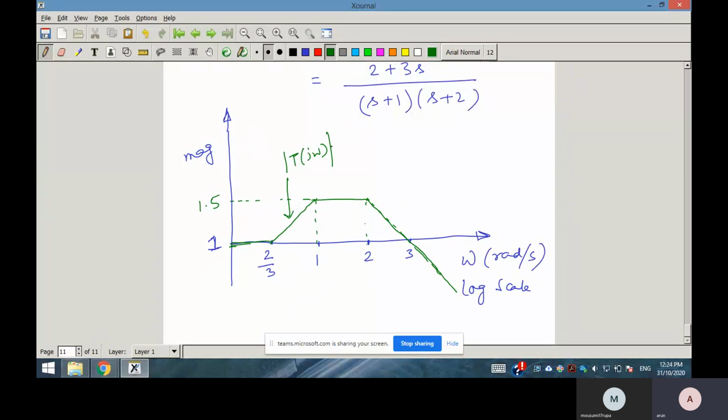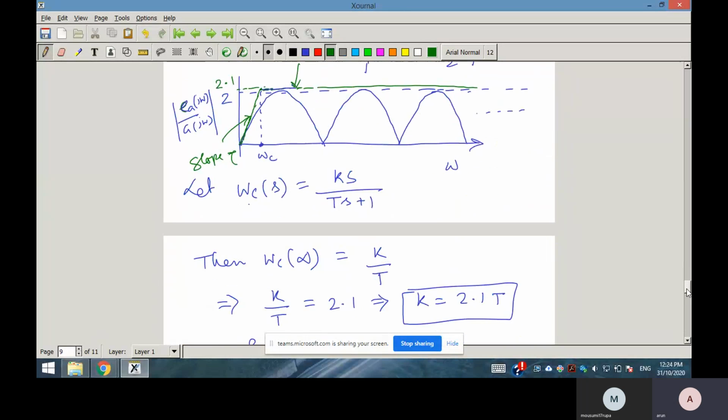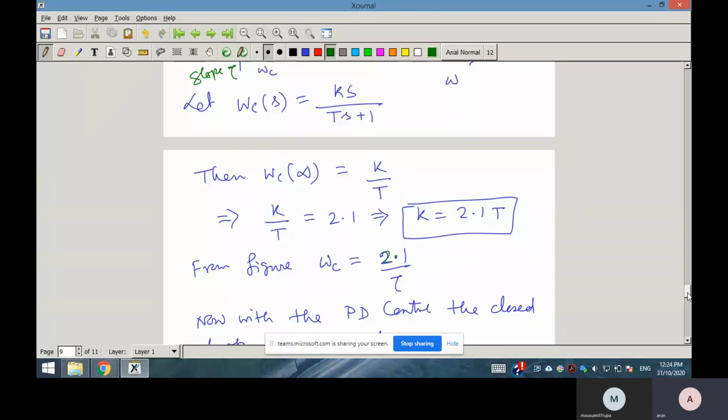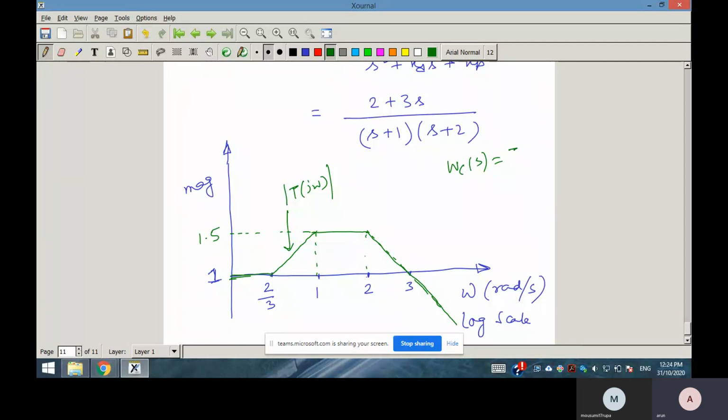So now what is your Wc? Wc(s) is your (τs plus 1) divided by k s. So (τs plus 1) divided by k into s, and k equal to 2.1 into τ.